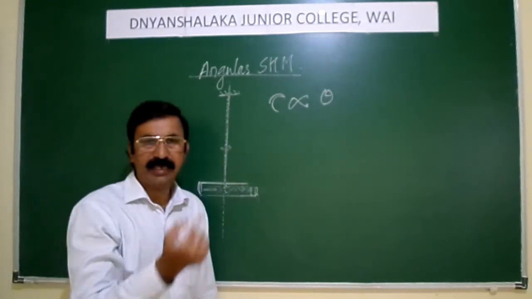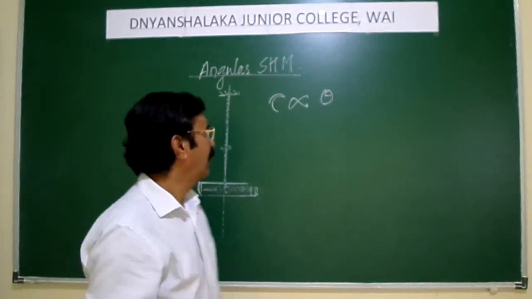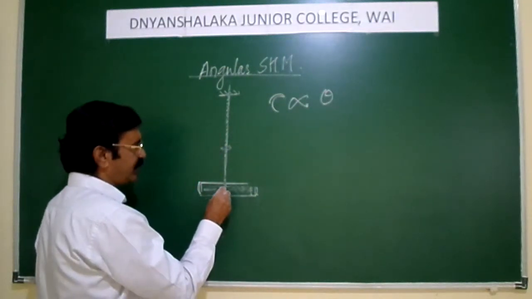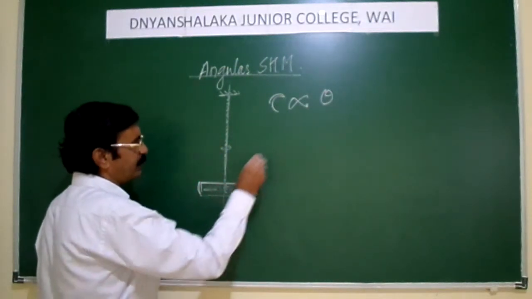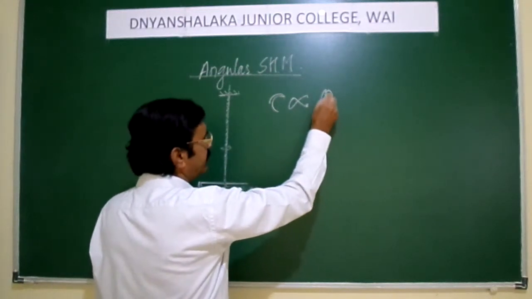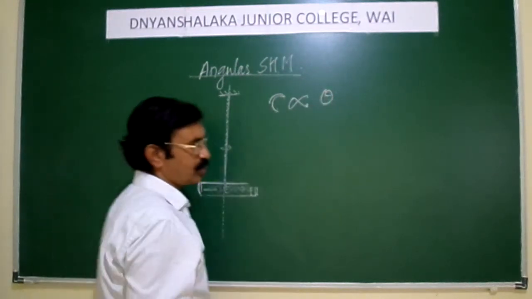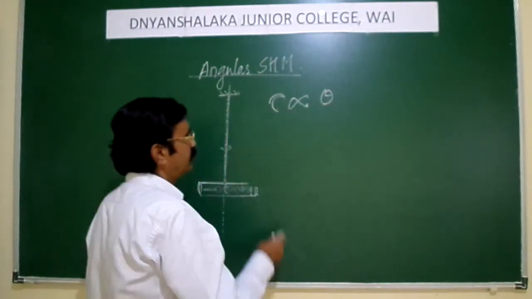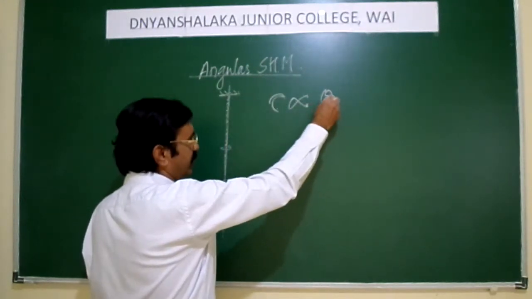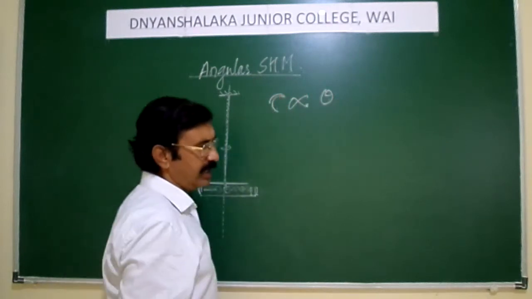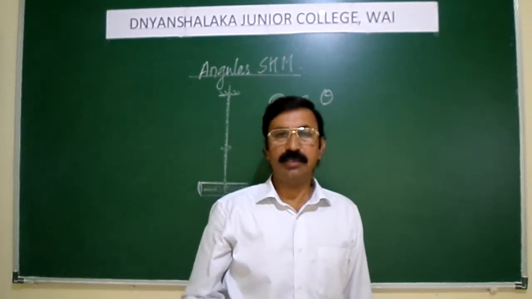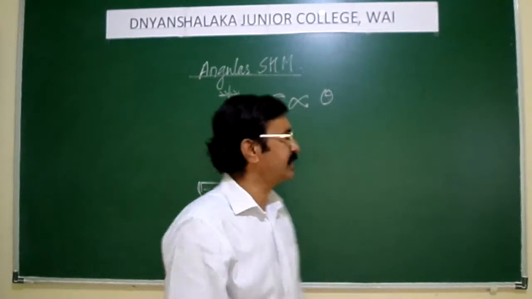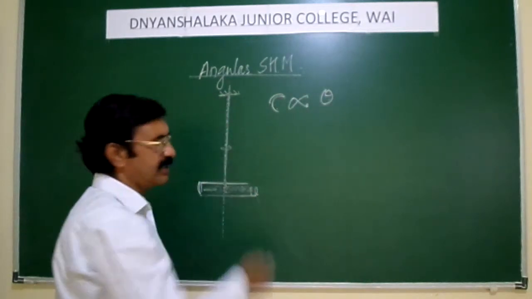The string will get twisted, and so the torque experienced by the disk is directly proportional to the twist in the string. This torque is called a restoring torque, just because as the twist goes on increasing, the torque goes on increasing, but the restoring torque is in the opposite direction to the angular twist in the string.